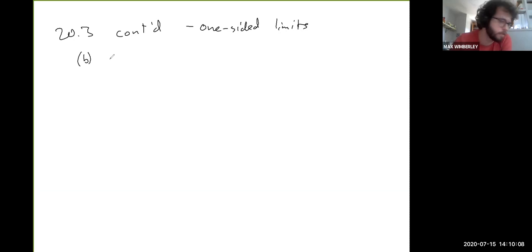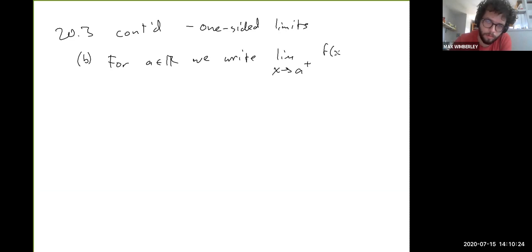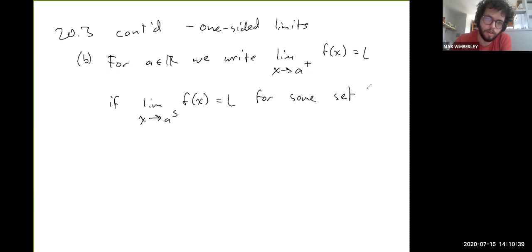For a, a plus, if the limit as x approaches a along S of f of x equals L for some set S of the form (a, b).